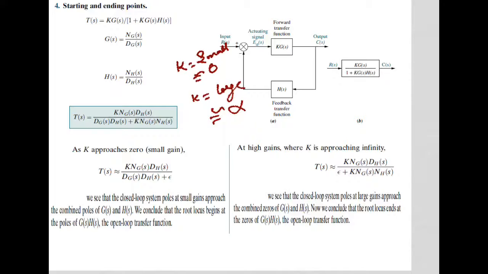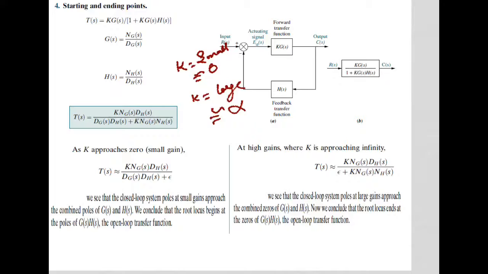If k approaches 0, this denominator term is negligible, so we are left only with k, N_G, D_H, D_G and D_H plus epsilon. This is a very small term and it can be neglected.